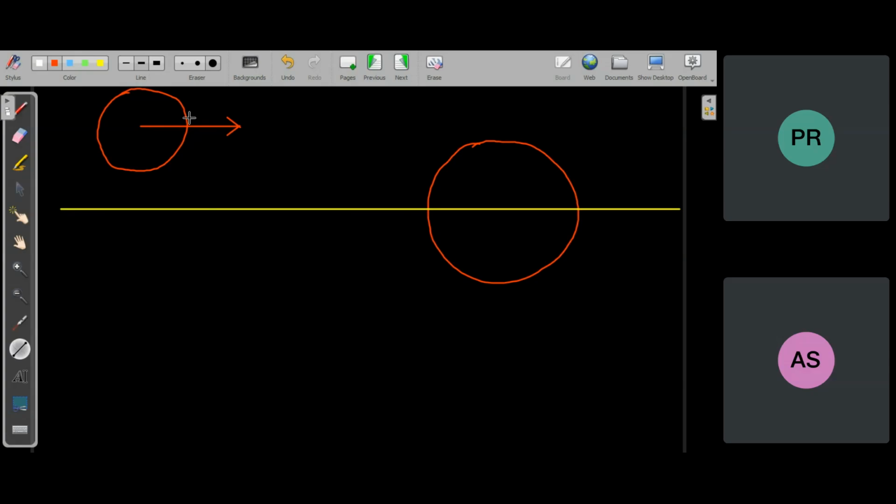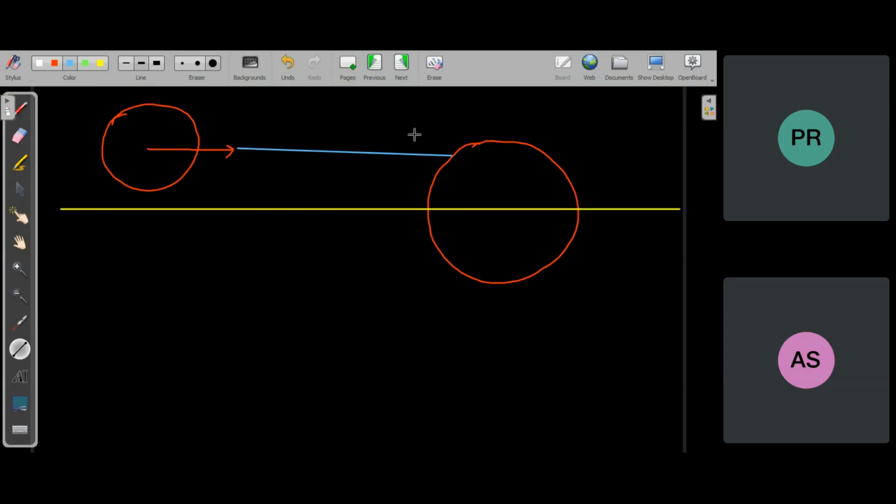It has to be a little lower, so that it hits the sphere and strikes here.